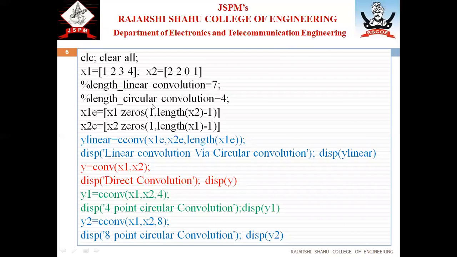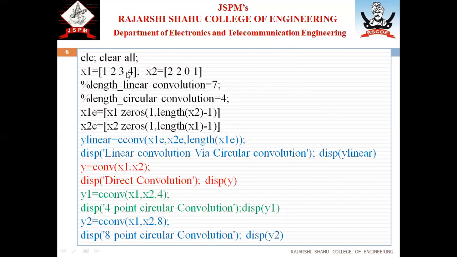Now, if we verify this circular convolution in MATLAB, then we are going to use two different functions. For linear or regular convolution, conv is the function available in MATLAB, and for circular convolution or periodic convolution, cconv is the inbuilt function available in MATLAB.